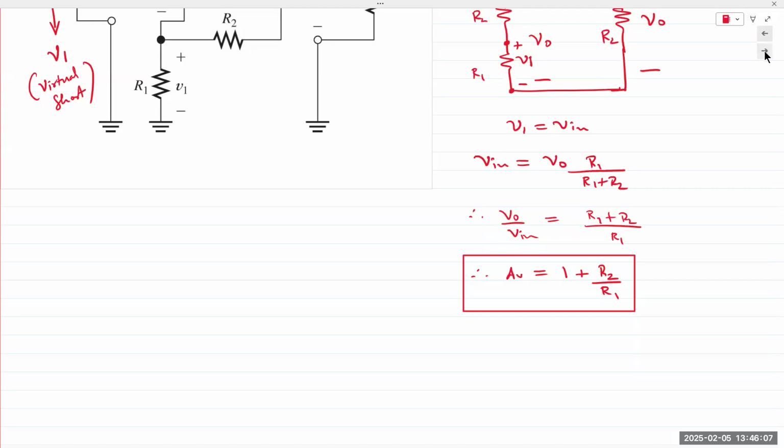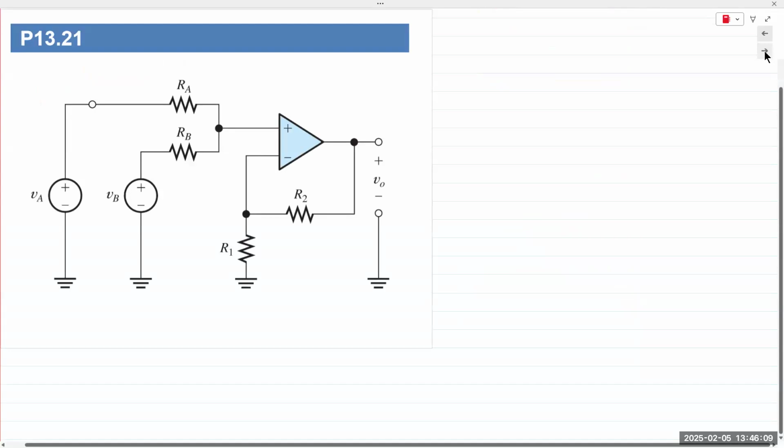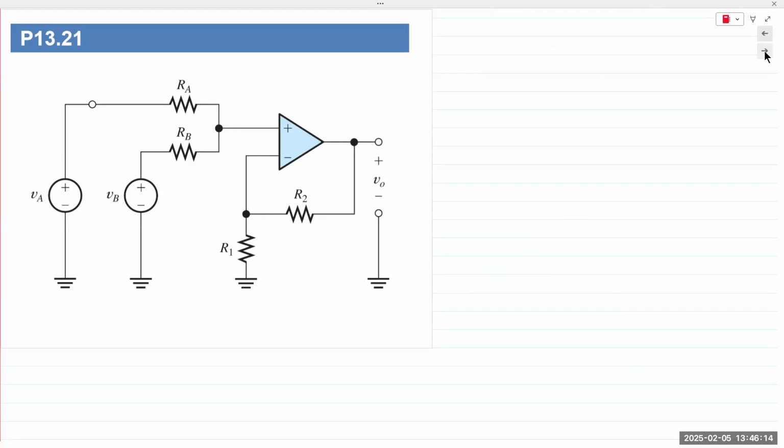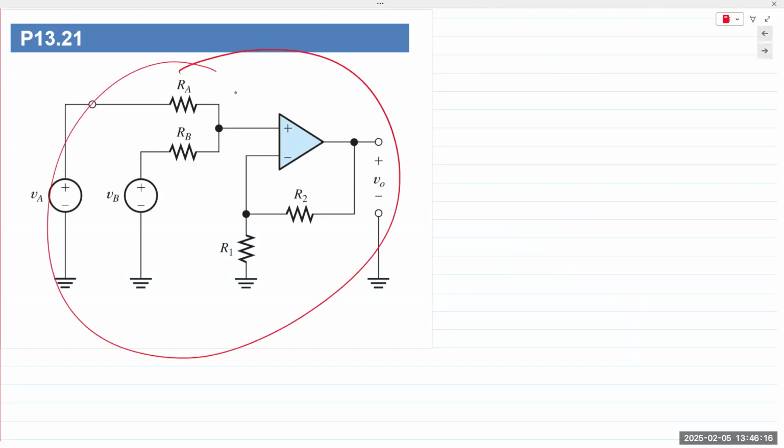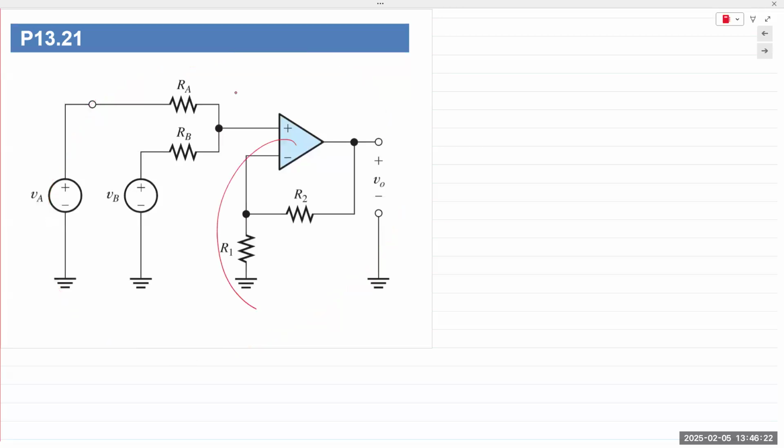Now, we saw a summing amplifier using the inverting configuration. This is an example of a summing amplifier using the non-inverting configuration. Negative feedback still exists. All we have here is multiple inputs going to the same input terminal. There's a small derivation for this one.